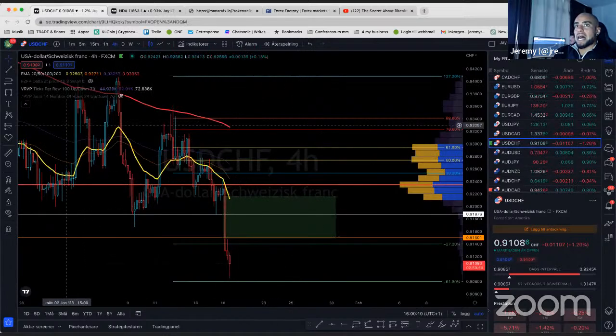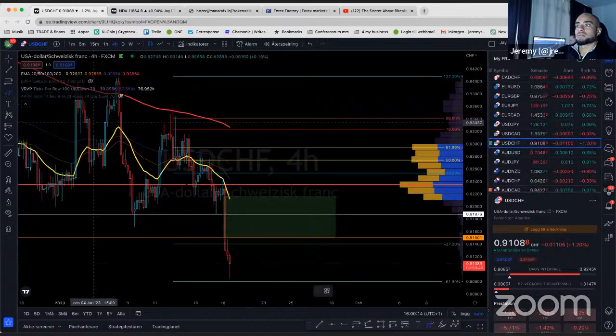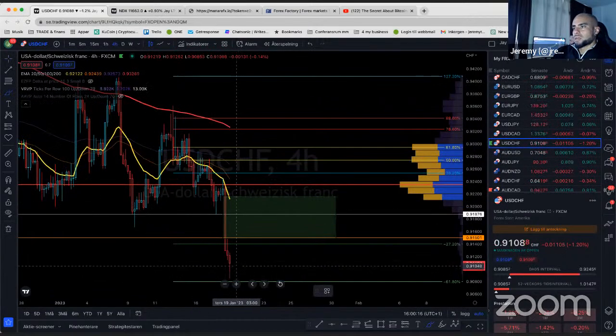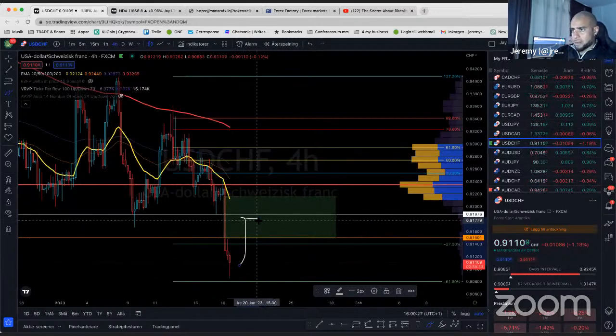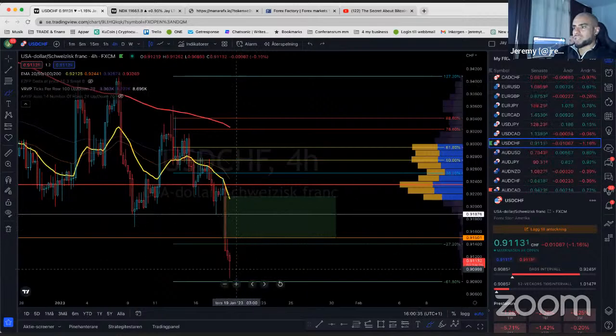And I would want to see this market come up to at least the 50% of this liquidity zone, and then from there we have to see if it goes down or up. That is a trade from down here into this liquidity zone.